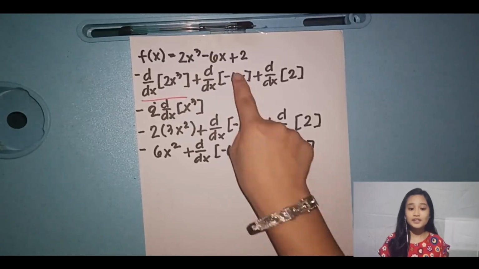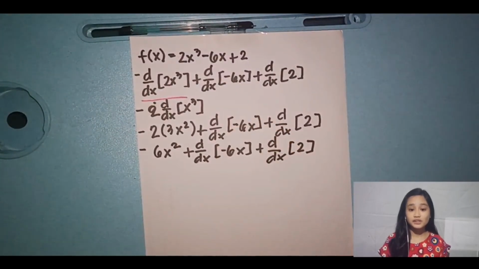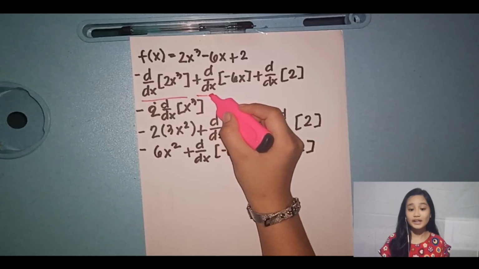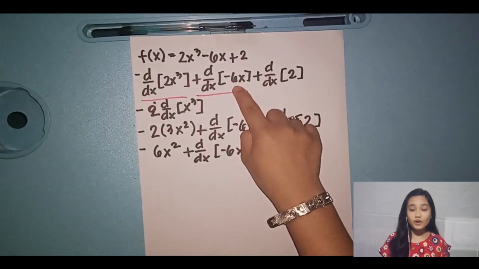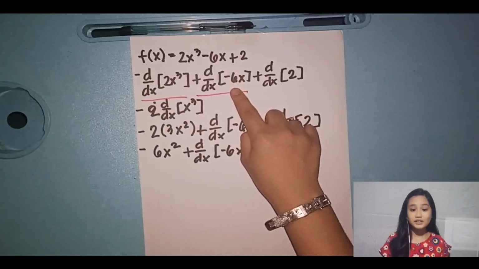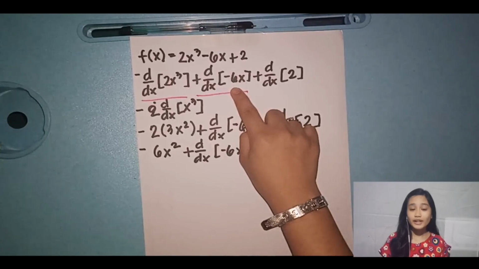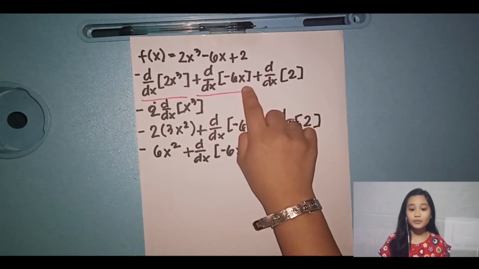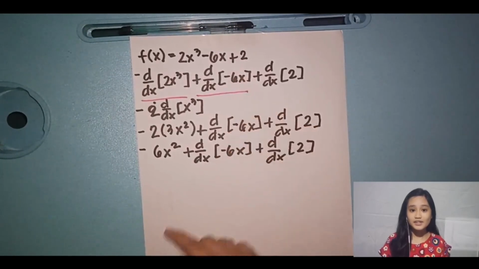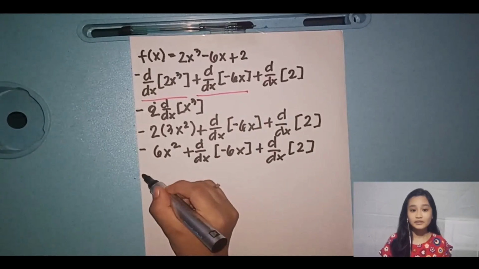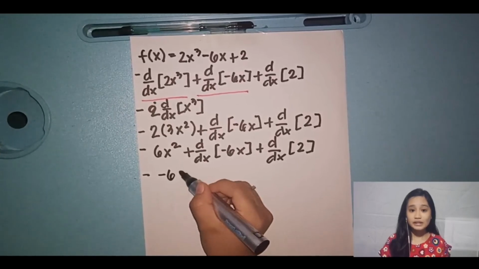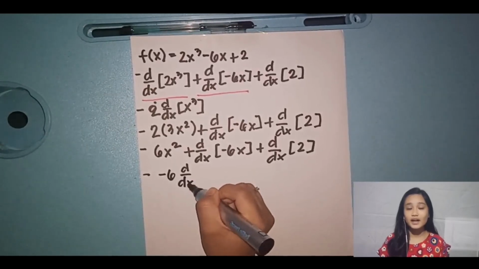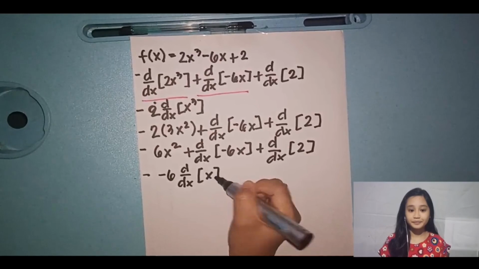Then evaluate the second term, which is d over dx times negative 6x. Since negative 6 is constant with respect to x, the derivative of negative 6x with respect to x is negative 6 d over dx times x.